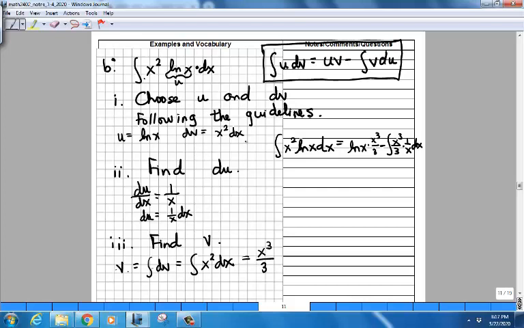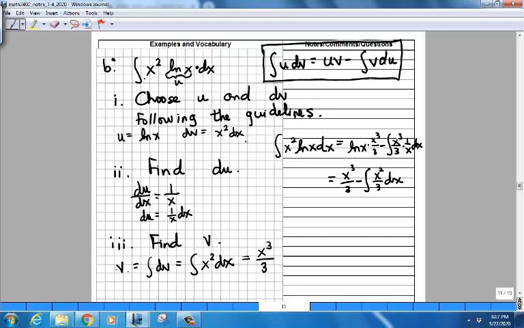Oh, so nice, right? So we have, let me write the x cubed over 3 first here. So we have x cubed over 3 minus, and then let's see, what does this antiderivative simplify to? X cubed over x will reduce, right? That is x squared over 3 dx, right? X divides into x cubed, it leaves you with an x squared.